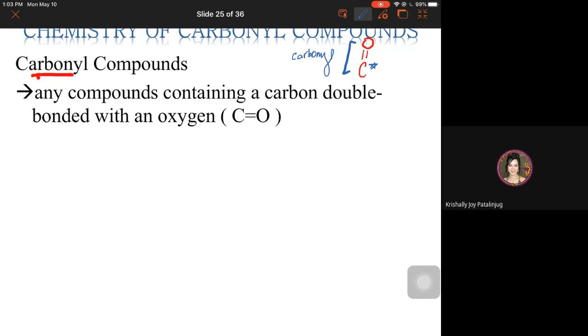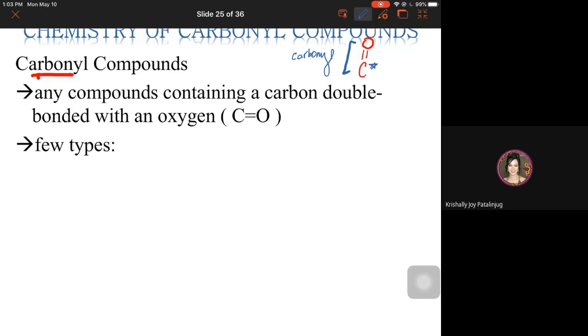That is why, with that idea, we can think that the chemistry of living organisms is actually the chemistry of carbonyl compounds. There are many different kinds of carbonyl compounds, but we will just discuss a few common types.